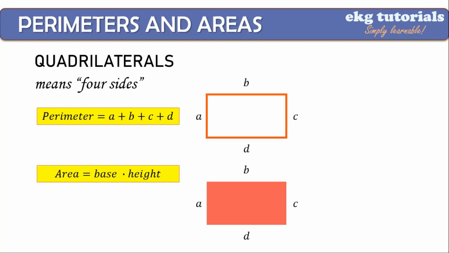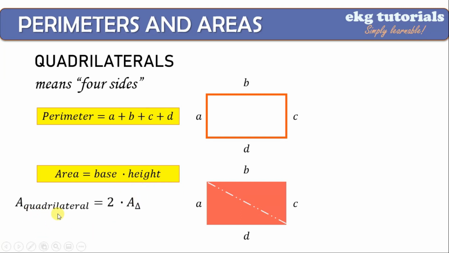Now, ngayon naman for quadrilateral, it's actually base times height. Now, kung titingnan natin dito, paano naging ganito yan? Okay, if we try to look at it, itong ating quadrilateral is actually composed of two triangles. So, kaya naging base times height na ito.